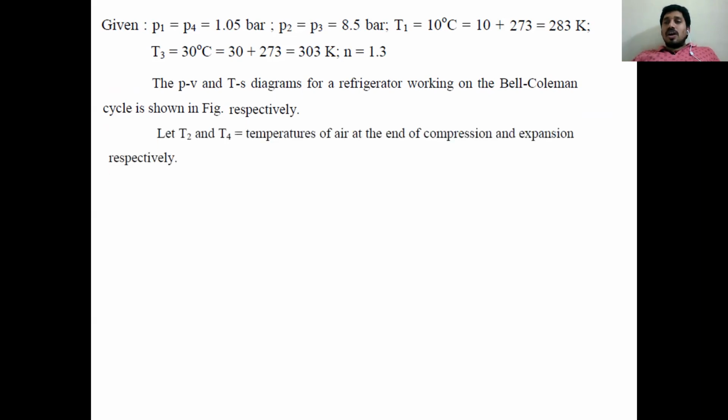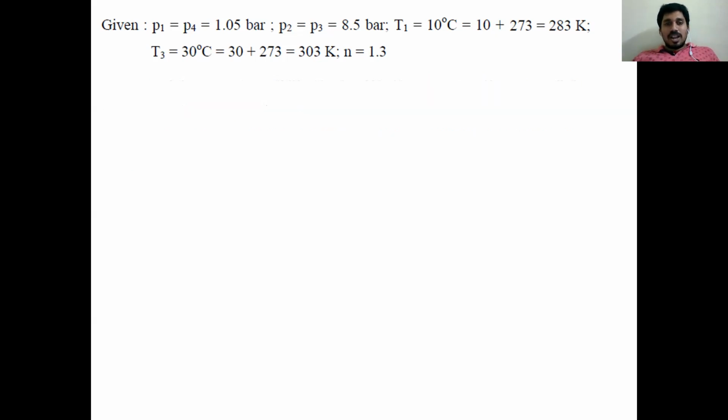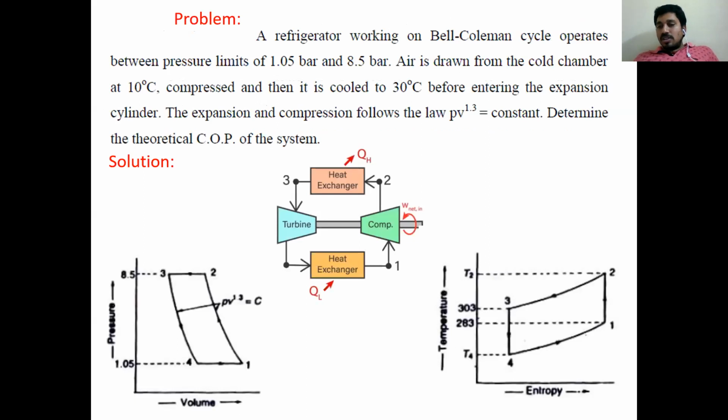After preparation of the diagrams, the student has to determine the unknown temperatures. If you observe the cycle, we have only two temperature limits. Total points are 4: 1, 2, 3, 4. In the cycle, we have 4 sections. But in the problem, they gave only two temperatures, T1 and T3.